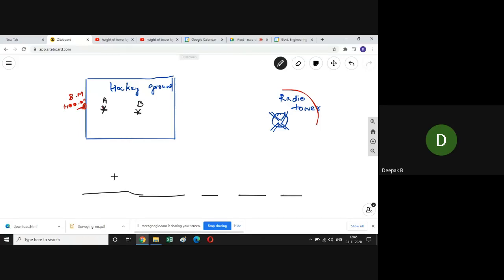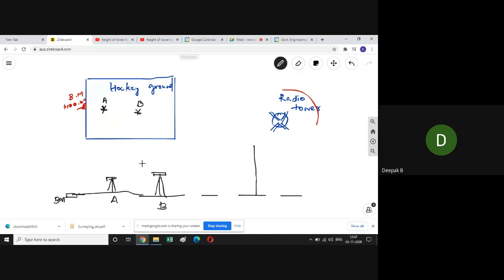So we have the instrument at A, and the benchmark here. This is the instrument at A, this is the instrument at B, and we also have this radio tower. For easiness of drawing the figure, I'm not going to project it downwards.